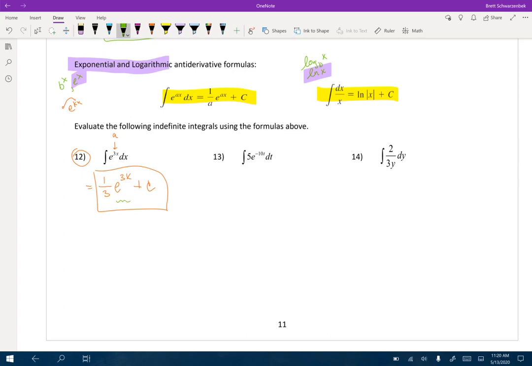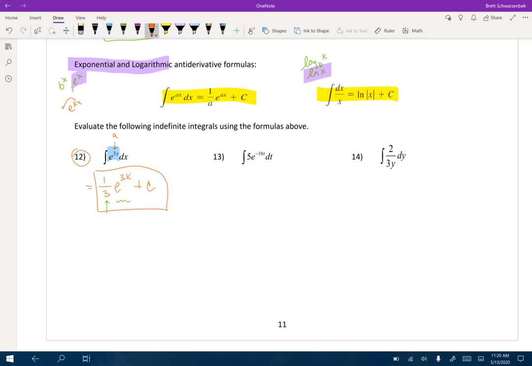Obviously, c is 0 when you take the derivative, but this would be a constant over here, and e to the 3x's derivative is 3e to the 3x, which you would multiply by this 1/3, and you'd be right back to e to the 3x as your result. So every antiderivative you take, you can basically prove by simply taking the derivative of your answer.